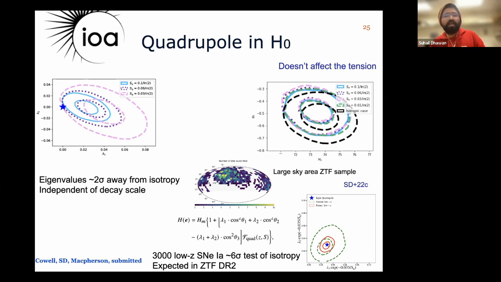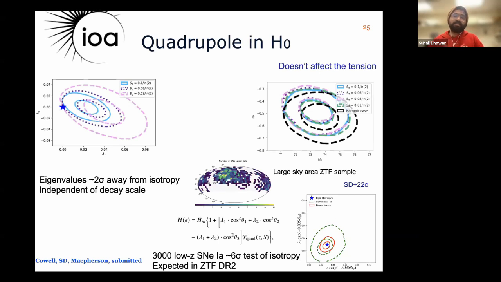We also find that even if we use different cases for exponential decay, they don't shift the monopole of the Hubble parameter from the isotropic case by much. So it doesn't, again, affect the tension very significantly. The changes are sub kilometer per second per megaparsec.